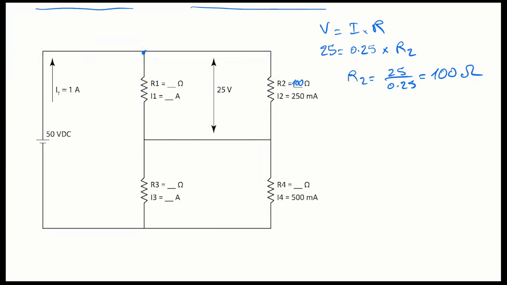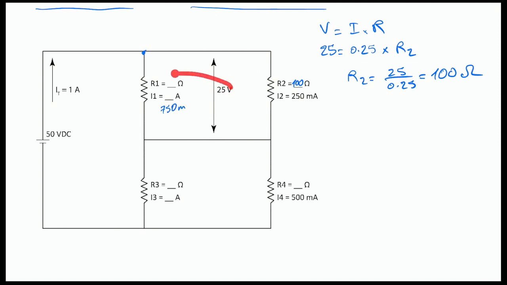So that 1 amp is coming here, giving 0.25 here, and the rest is going in that direction. Obviously 1 amp is 1000 milliamps, 250 of it going here leaves 750 here. So I could say 750 milliamps are going in this direction.